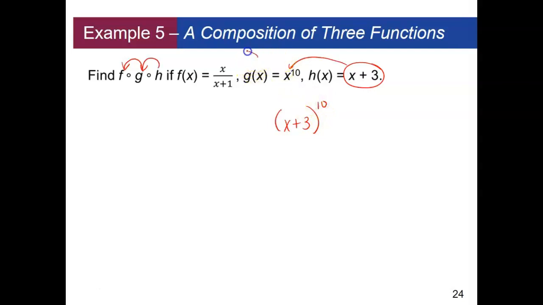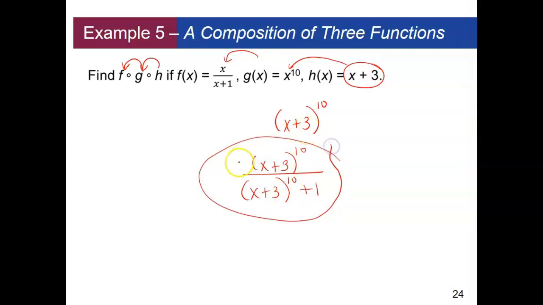And I'm going to take that and put it in here. So I'm going to have x plus 3 to the 10th divided by x plus 3 to the 10th plus 1. And I'm not concerned that you simplify that any further, so that would be your final answer.